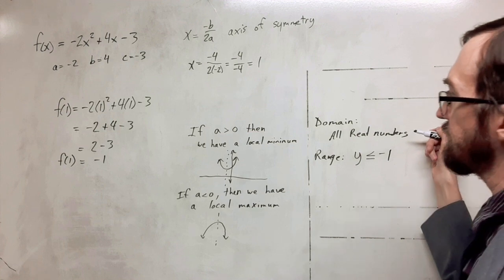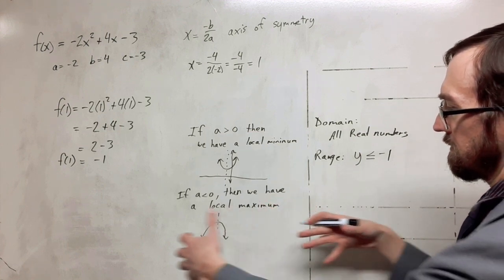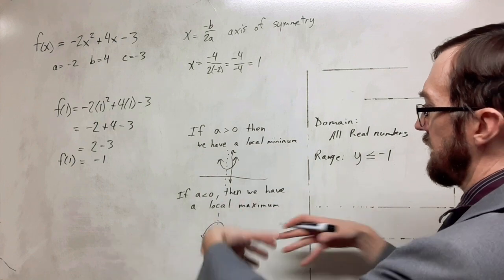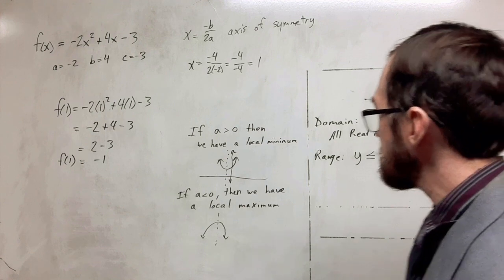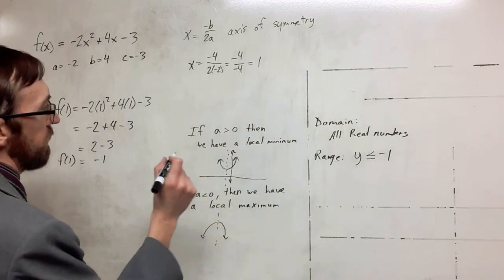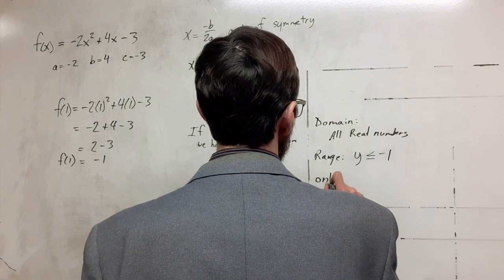Again, all real numbers for our domain because the parabola continues to spread out. It will eventually cover the x-axis. We have an onto function here. That's something to note.